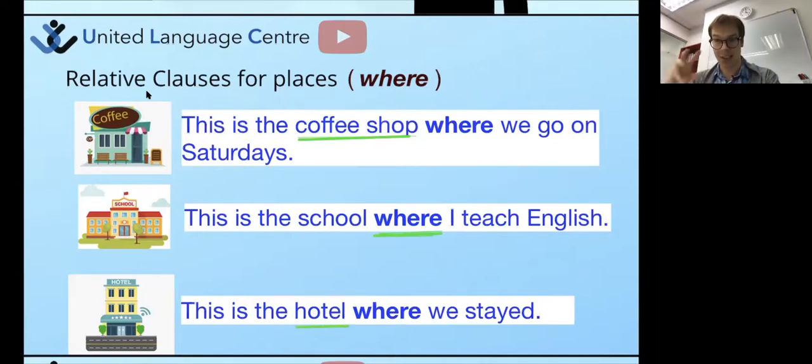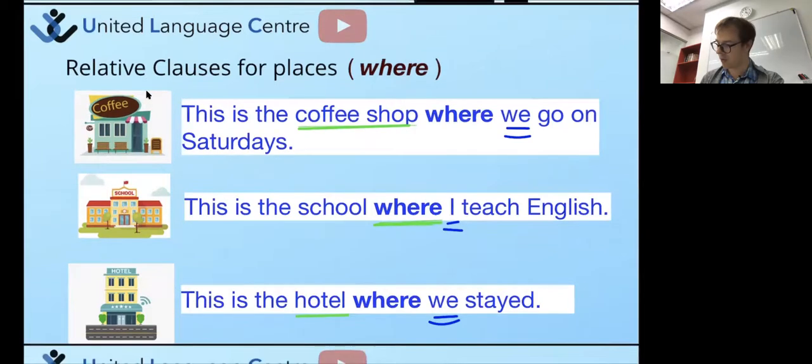As long as you have this pattern, you're going to be right. You have the place, the where, and then I have my subject: the coffee shop where we go, the school where I teach, the hotel where we stayed. So that's our nice little pattern right there.